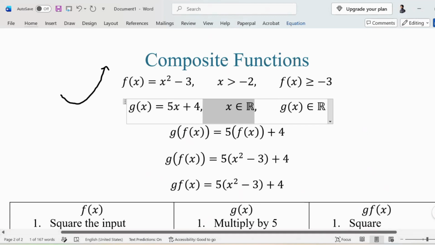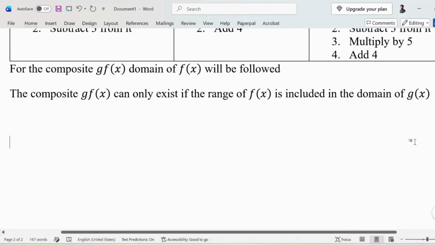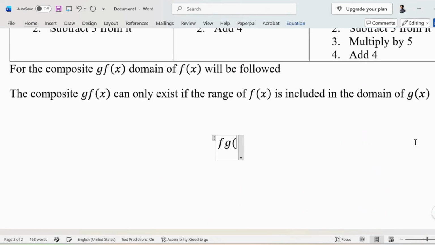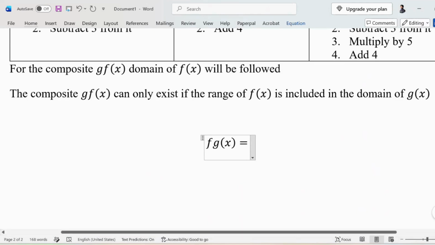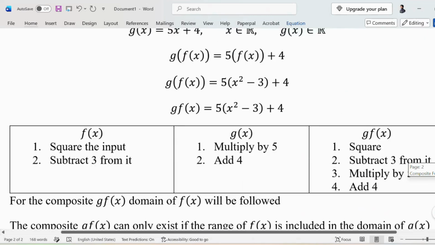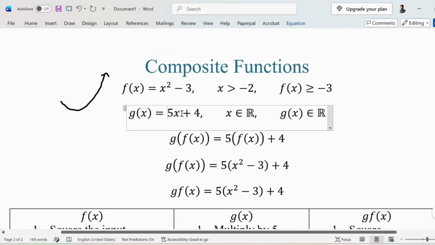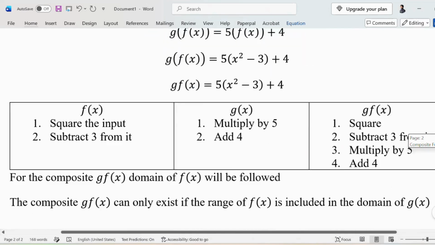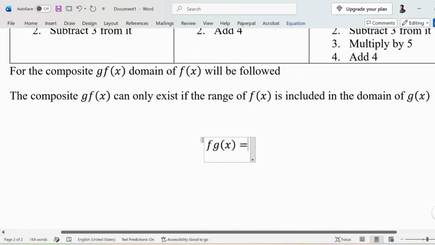If I tell you to write f(g(x)), just for the sake of it, what will you do in this case? You will plug in the entire function of g in the function of f. So when you plug it in, look again, what will you get?